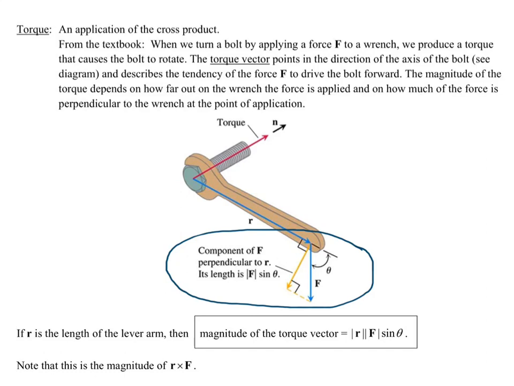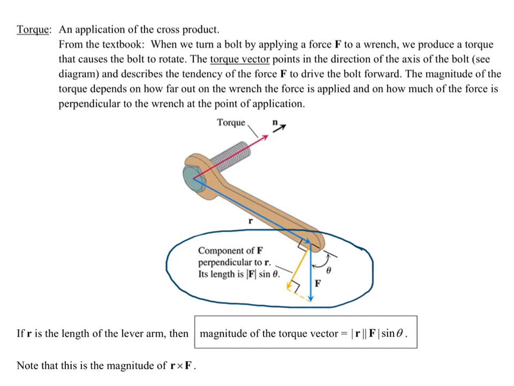And if we think about the angle that your force makes with the wrench, then the component of F perpendicular to R is going to be the magnitude of F times sine theta. So it's right triangle trigonometry.